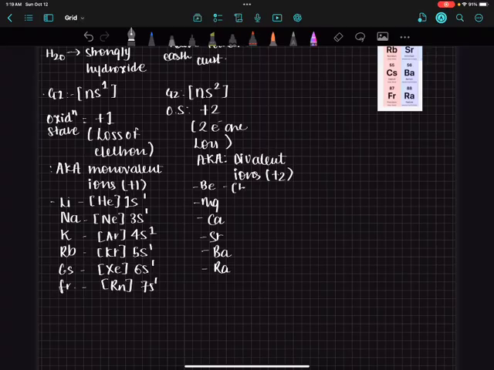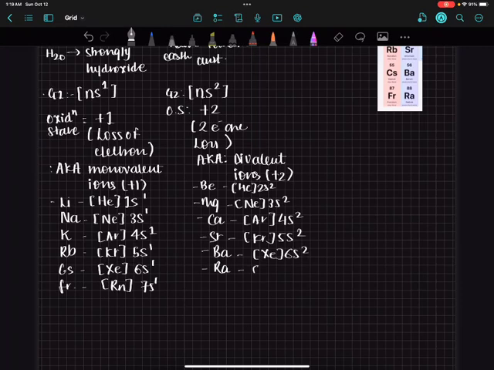Here it will be helium 2s2, magnesium will be neon 3s2, calcium will be argon 4s2, strontium will be krypton 5s2, barium will be xenon 6s2, radium will be radon 7s2.